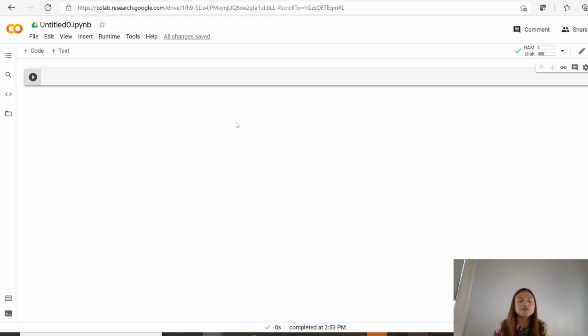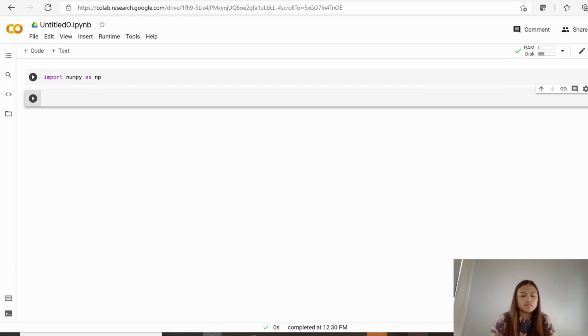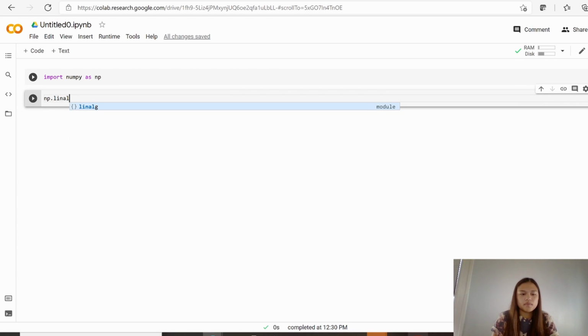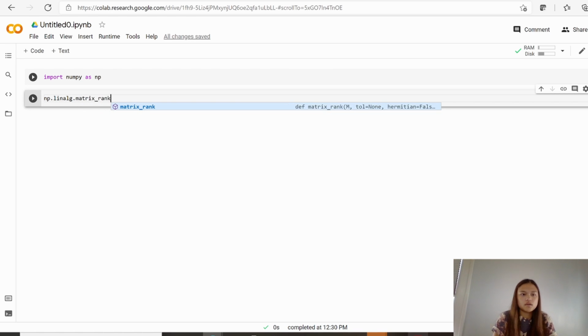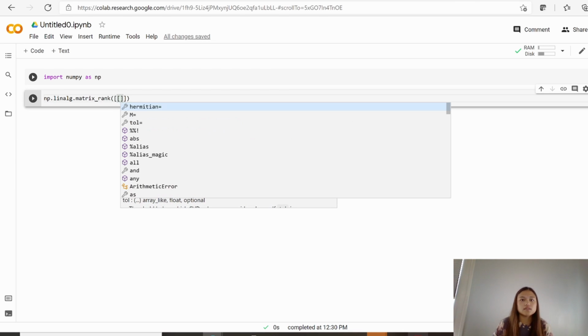All right, so now we want to find the rank for the design matrix that we just made. So we're going to use NumPy, and we're going to use numpy in the linear algebra function. It's a matrix, and we want to find the rank. Okay, so now let's input those values going across the rows.